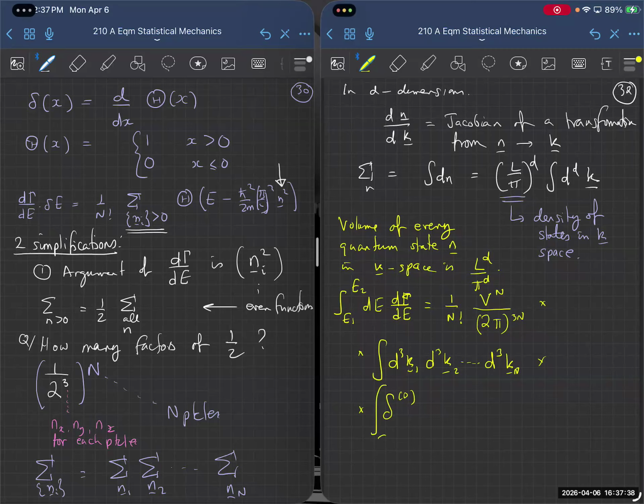The integral from E1 to E2 of E minus h bar squared over 2m, and then the sum from i equals 1 to n of ki squared, and then integrated dE prime. So that's my final formula for the density of states, the number of states between energies E1 and E2.